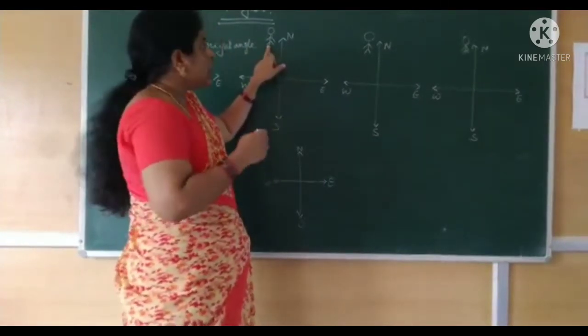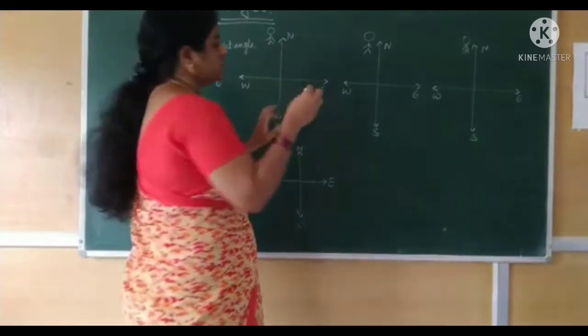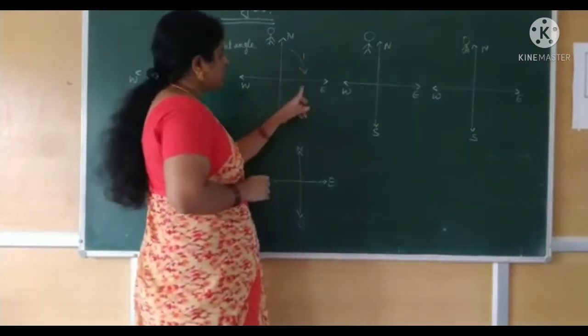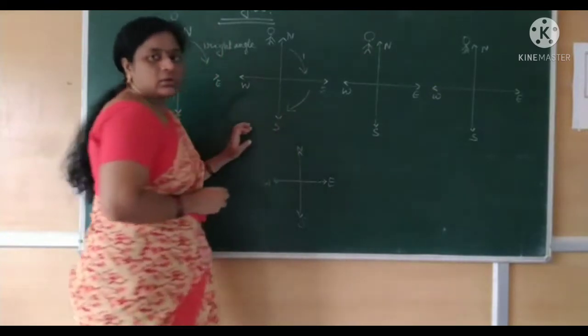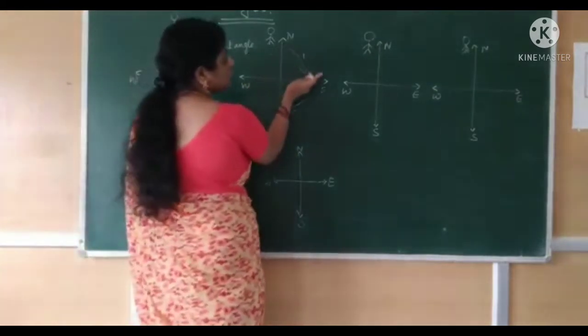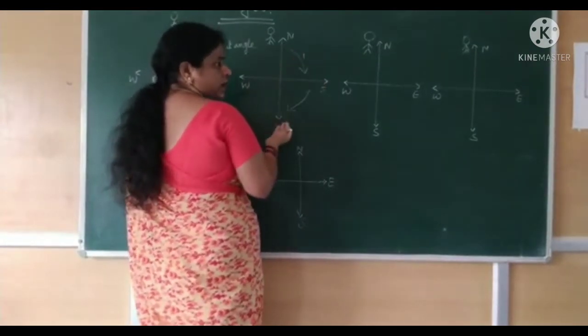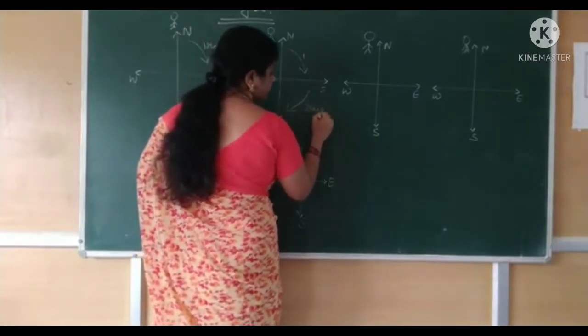He is turning clockwise 2 times. This is 1 time, 2 times. Then we get south. So north to east, 1 right angle. East to south, 1 right angle. Totally 2 right angles.